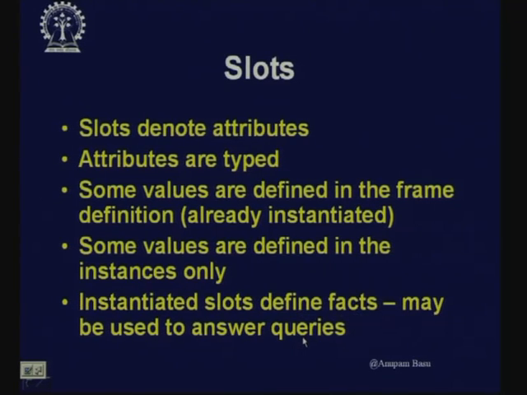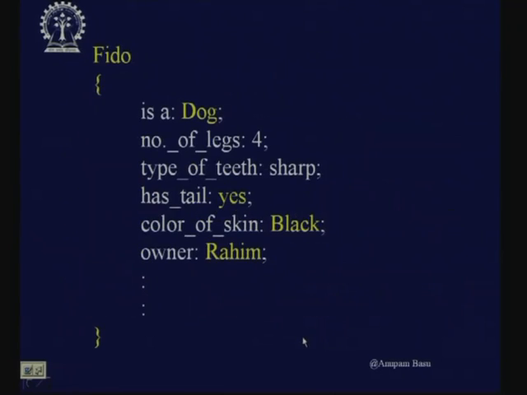Next, let us ask the question, what is there in a slot? Obviously, in a slot there will be values, there will be types which will say what type of value. And here I am introducing two new things which you do not know, that is constraints over possible values.